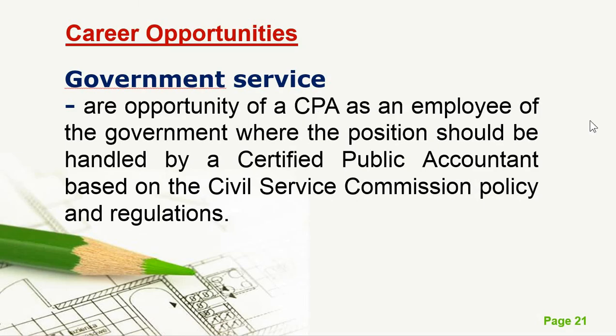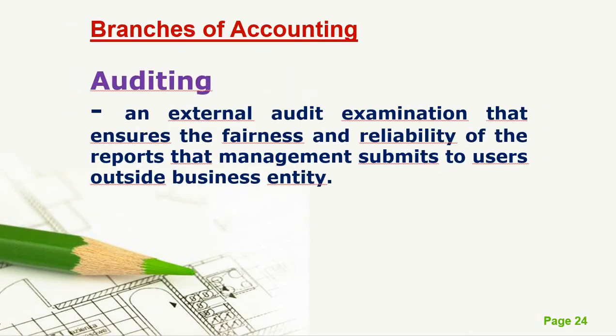Then the third one is government service. These are opportunities of a CPA as an employee of the government, where the position should be handled by a CPA based on the Civil Service Commission policy and regulations.